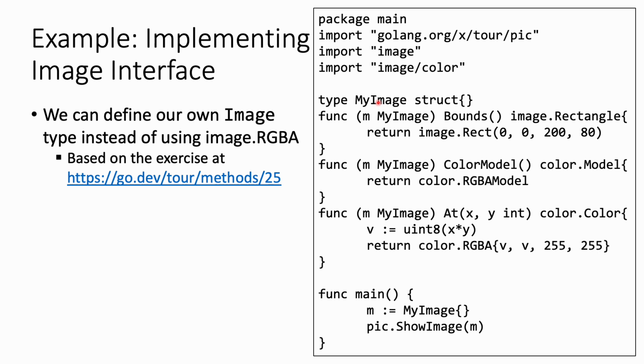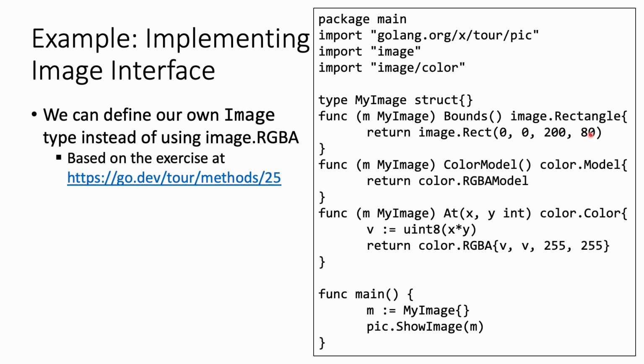That means we have to define those 3 methods with MyImage receivers. In our implementation, method Bounds returns an image.Rectangle instance created by function image.Rect with parameters 0, 0, 200, 80. This is a rectangle with lower left corner at 0, 0 location and with the width of 200 and the height of 80.